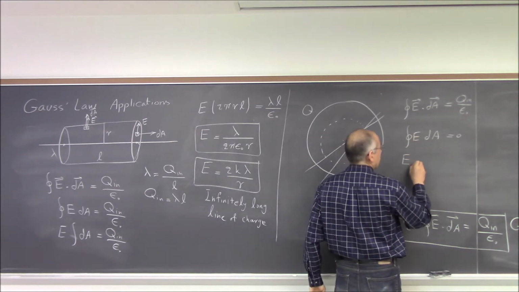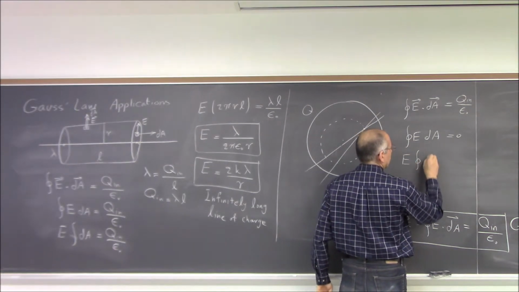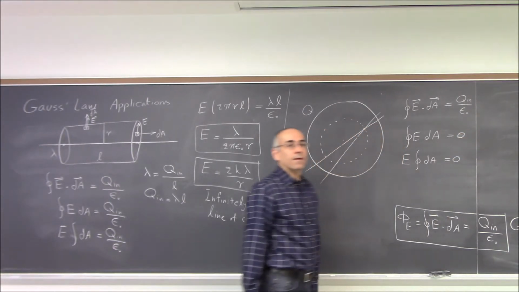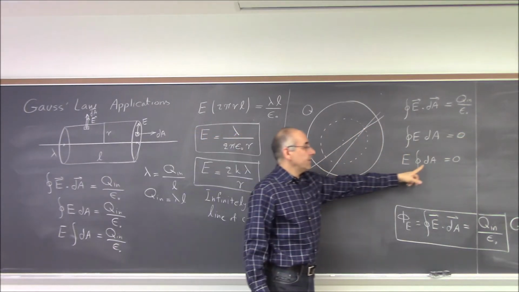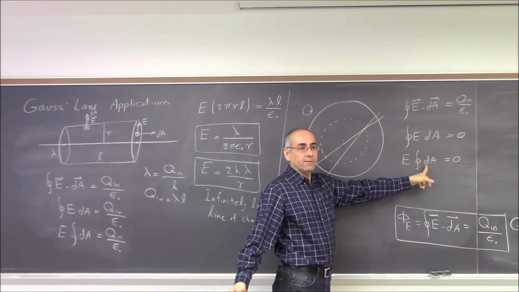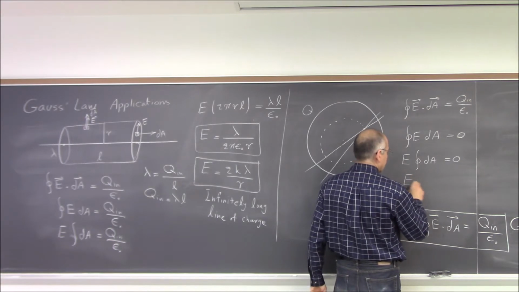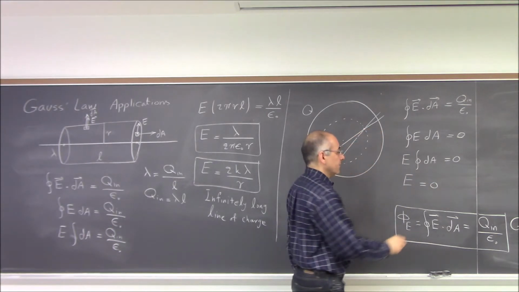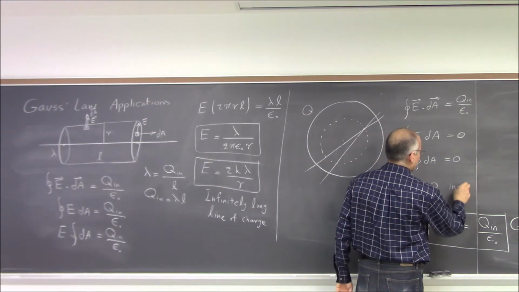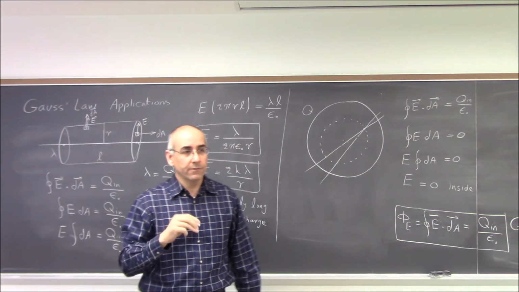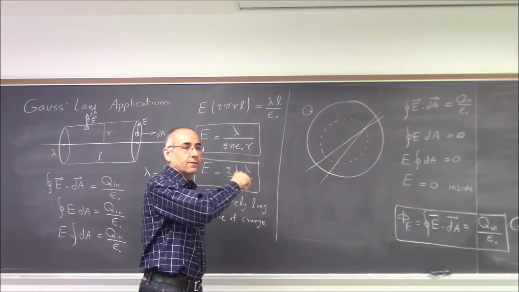E times the integral of dA should be equal to 0. Right? And then the integral of dA is the area. Area is not 0, therefore the electric field is 0 inside. So this is something Newton could find out even though he didn't know about Gauss's law, right? Gauss was a lot later than Newton.